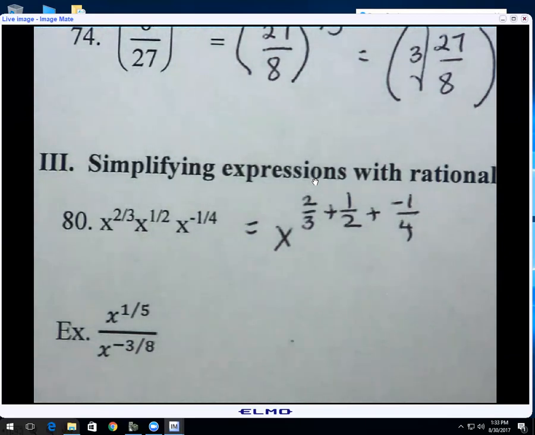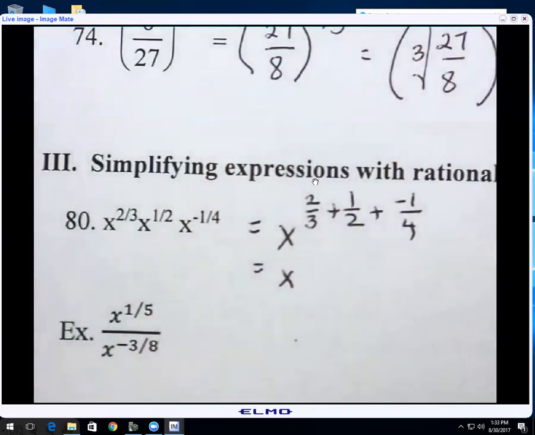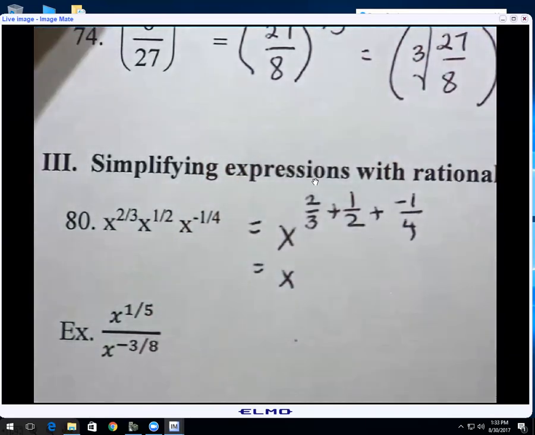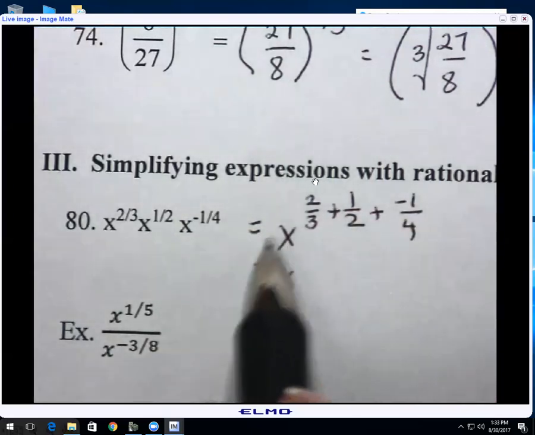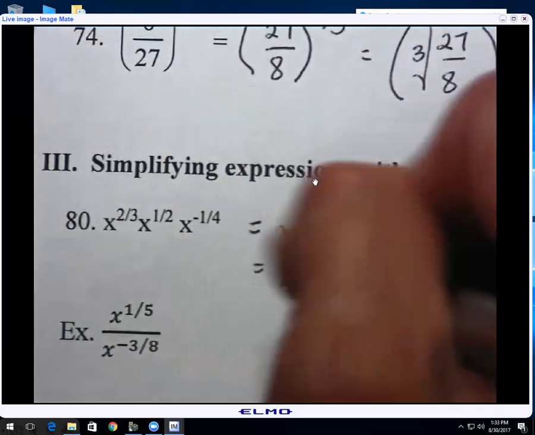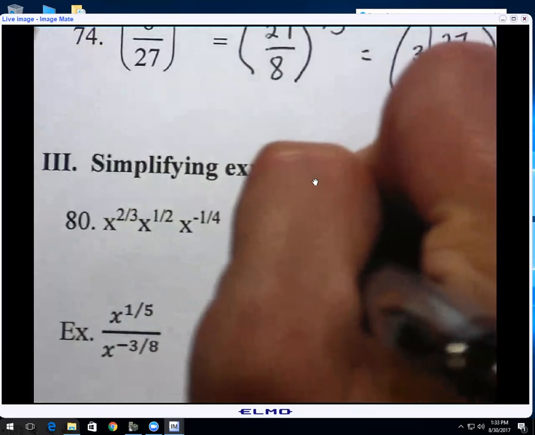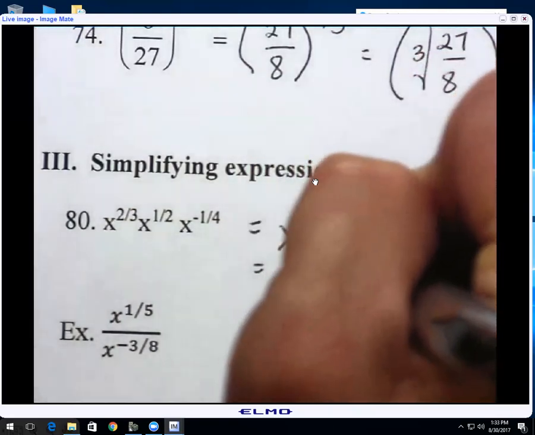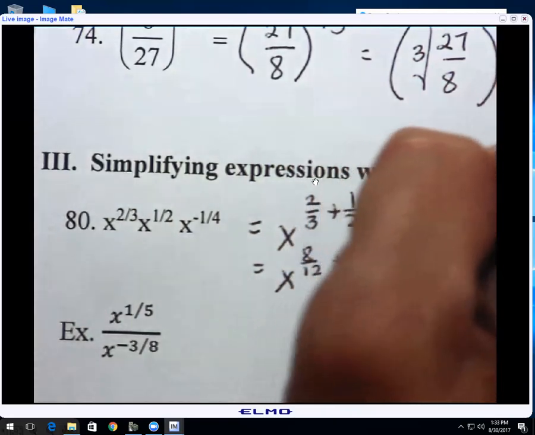If I have to whip out my fraction button, okay, I will. But if I'm doing that in my head, the common denominator would be what? 6, no. 12. 12 is the smallest thing 3, 2, and 4 will go into. So if I make all those fractions have the denominator 12, 2/3 is 8/12, 1/2 is 6/12, and 1/4 is 3/12.